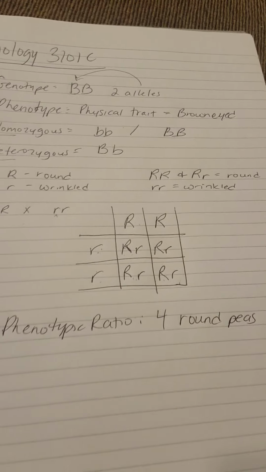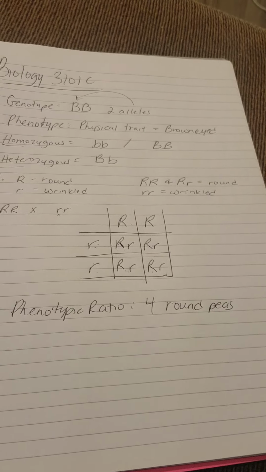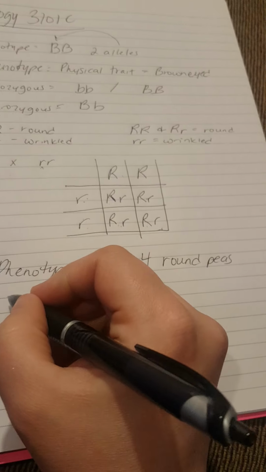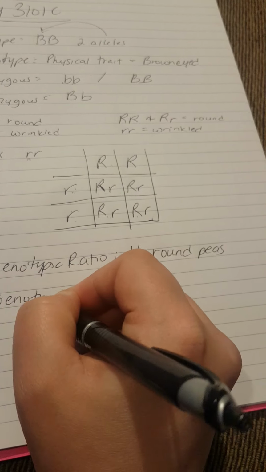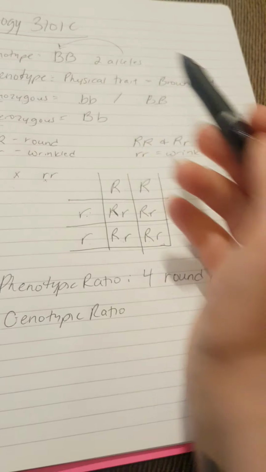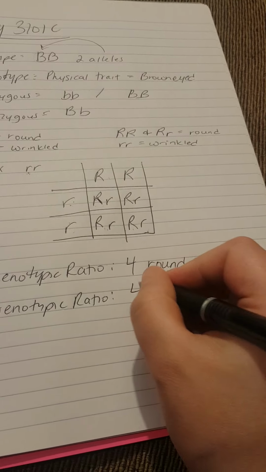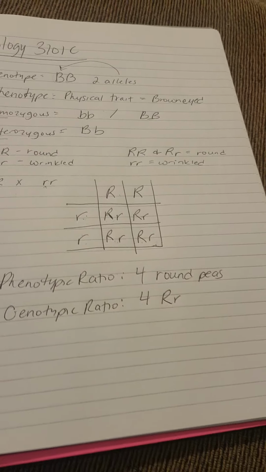That's my phenotype. If they were different, I would list them out: 2 round, 2 wrinkled, 3 round, and so forth, whatever the case may be. And the genotypic ratio is where I'm actually talking about the letters, the genotype. In this case, I have 4 big R, little r.